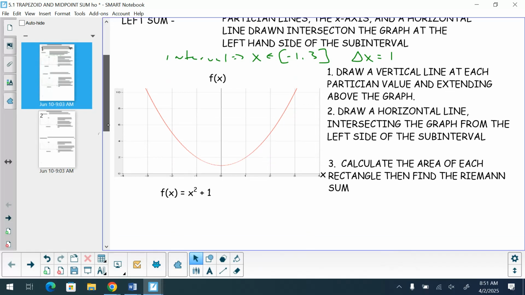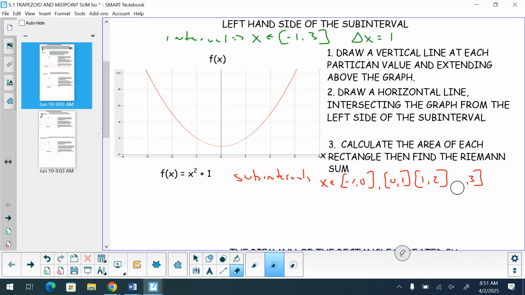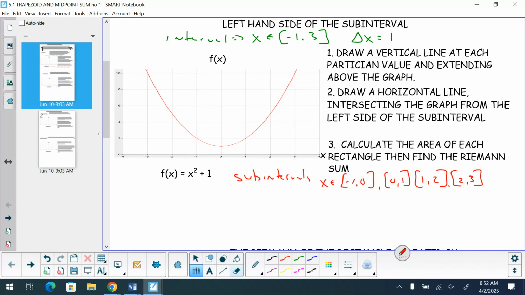So our subintervals are still going to be the same: -1 to 0, 0 to 1, 1 to 2, and 2 to 3. So we still have our same subintervals that we've been working with.